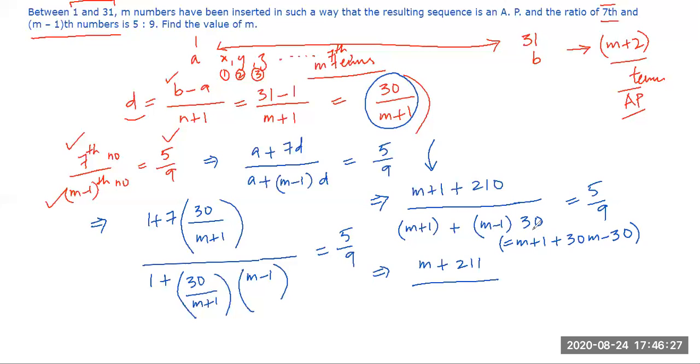So it's like 30m minus 30. So this becomes m plus 30m is 31m, and then 1 and minus 30 is minus 29. Beautiful. Is equal to 5 by 9. Am I right, students? So please write down this: m plus 211 divided by 31m minus 29 is equal to 5 by 9.